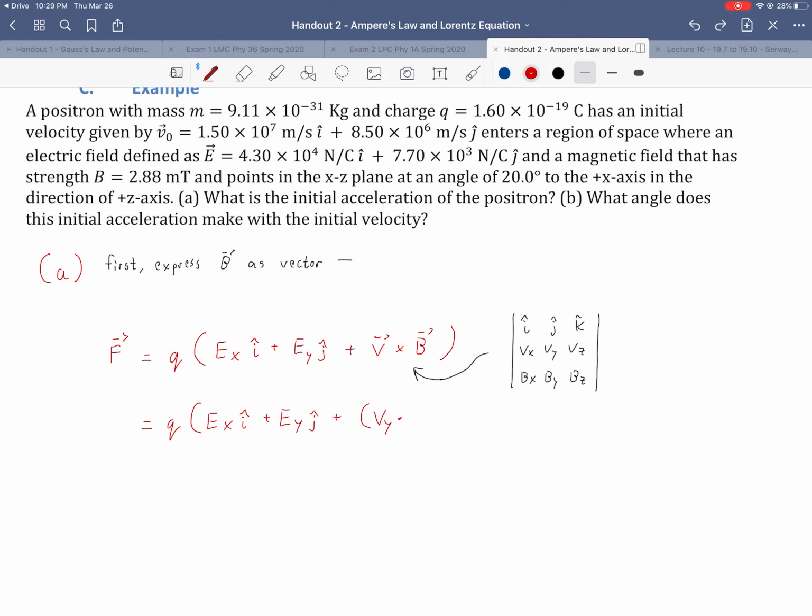So that means that its x component would be cosine of 20, and its z component is going to be sine of 20. So then we just have B times cosine of 20 degrees on the i hat axis, and then plus the magnitude, which is given there, times sine of 20 degrees on the k hat. In other words, B has an x component and a z component, but it doesn't have a y component.